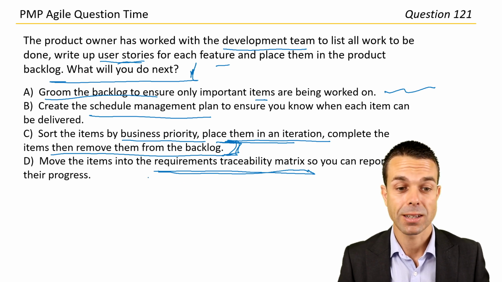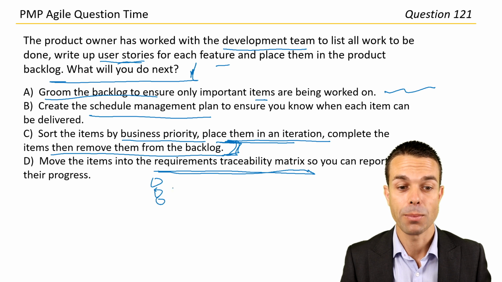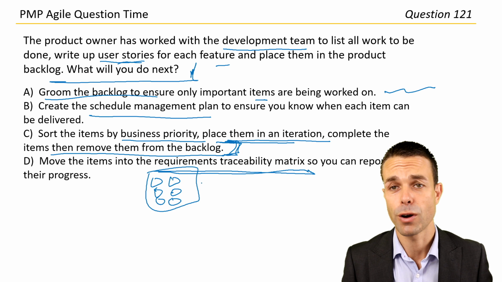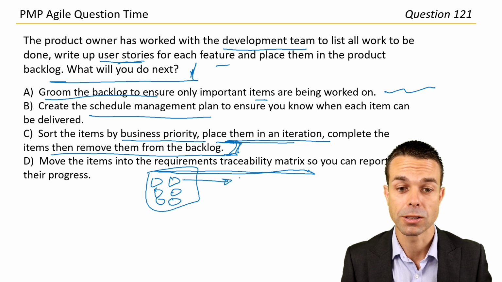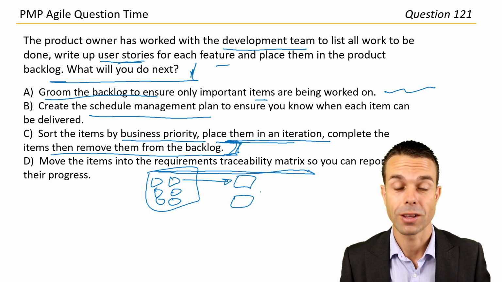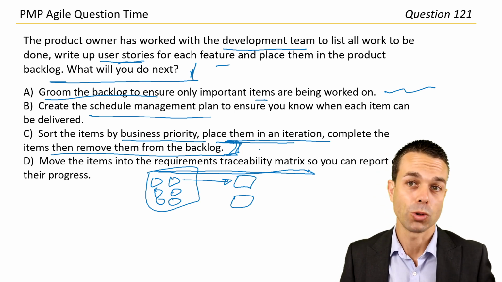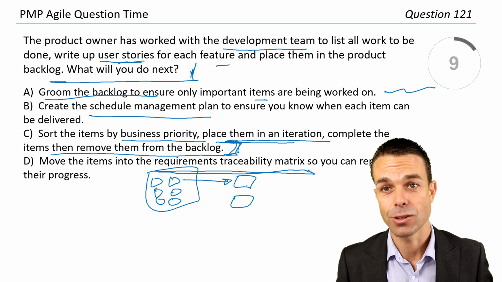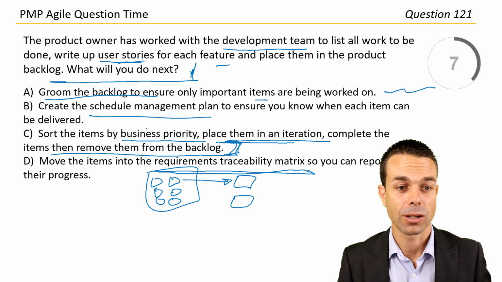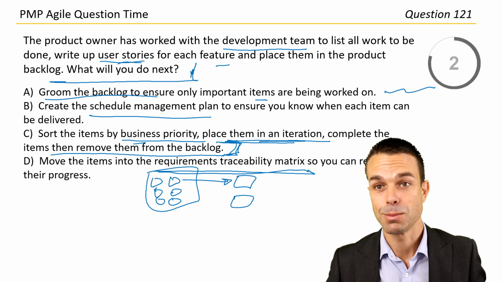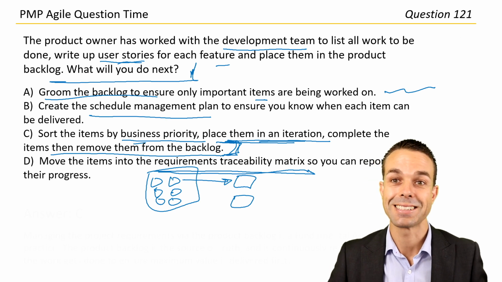Why? Because we actually still want to know that our requirements are being met, and this is where our business analysts will come into it. And so it's still very important work to trace those requirements to the story cards or the work that is being completed. All of that to say, that's not what we're going to do next, even though you may use that tool along on your project. We're still going to sort by business priority, place them in an iteration, complete those items, and then remove them from the backlog. So let's go with answer C.